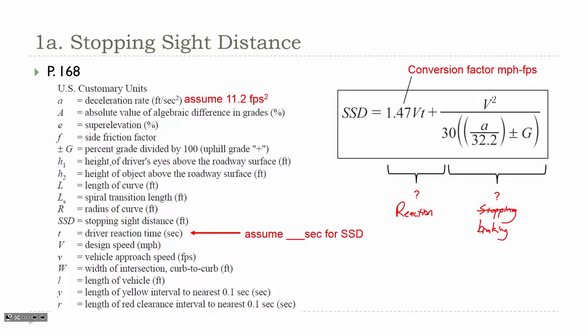If they're only asking for the braking distance, then they're only looking for the last half of that equation. And just recall this 1.47 factor is the conversion from miles per hour to feet per second, because the speed, large V, is in miles per hour, and your reaction time, T, is in seconds. So what did we assume for stopping sight distance, the driver reaction time?